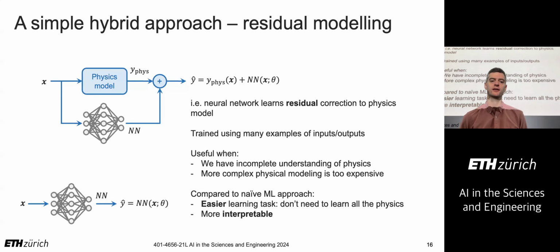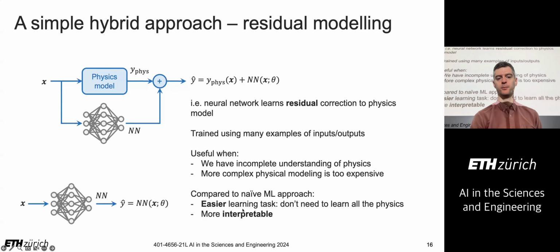Right. Yeah. Exactly. If we're doing a simulation, for example, learning that entire simulation is a really complicated function mapping X, your initial conditions, to your solution. So if we can do the majority of that complicated function, the residual may be a much simpler function to learn. So yeah, that's exactly it.